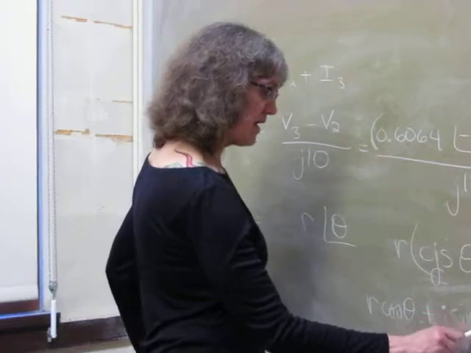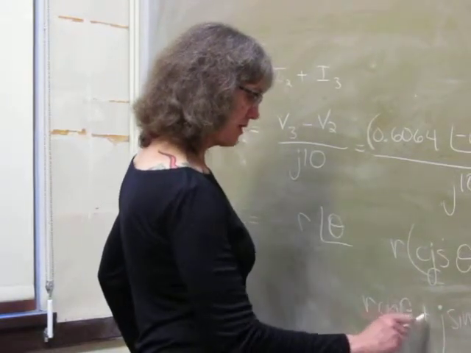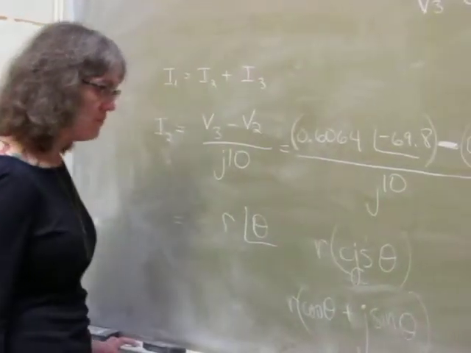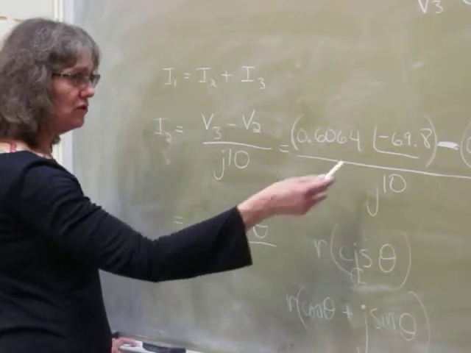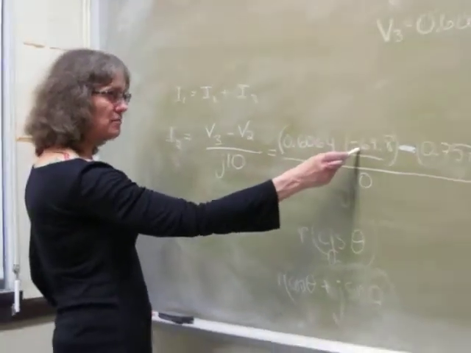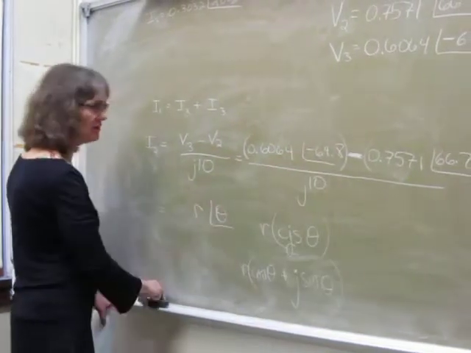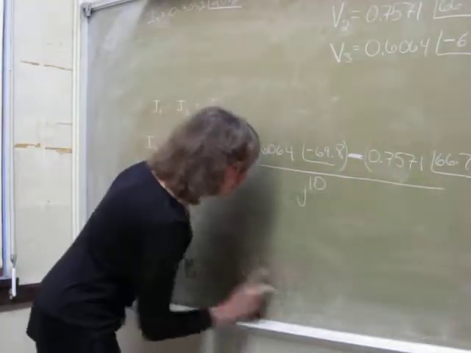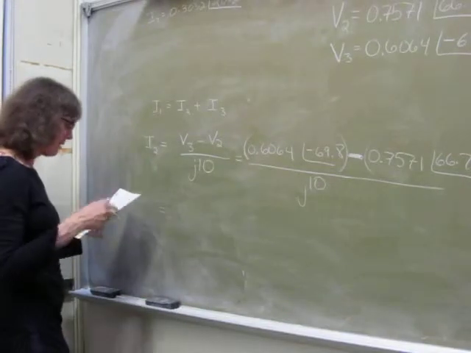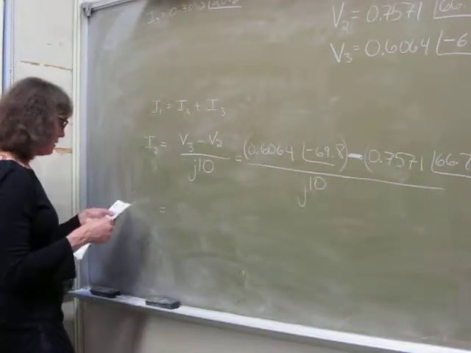J sine theta. Oops, I forgot. So here we go. You take the cosine of minus 69.8 plus j times the sine of minus 69.8.